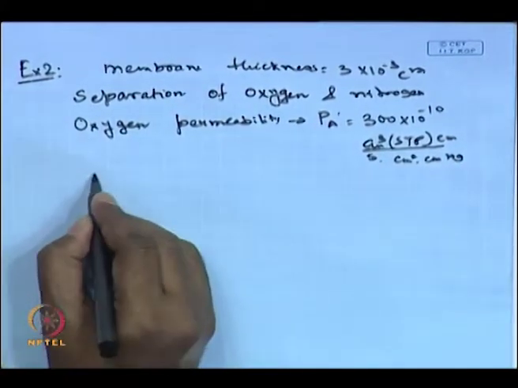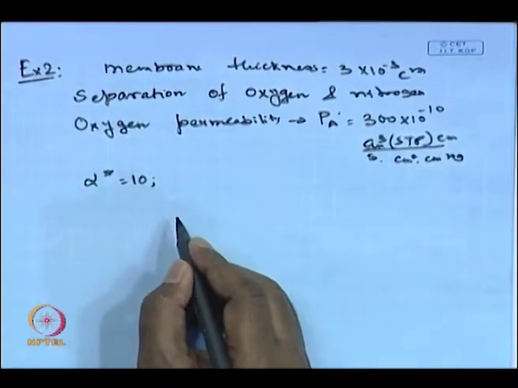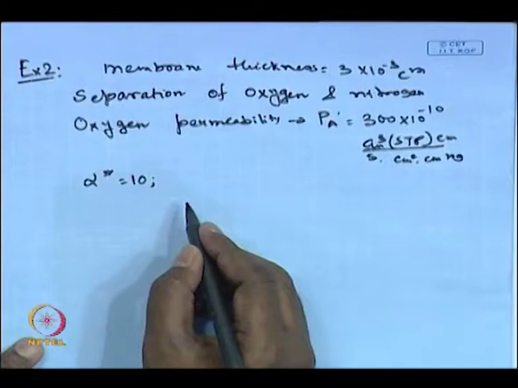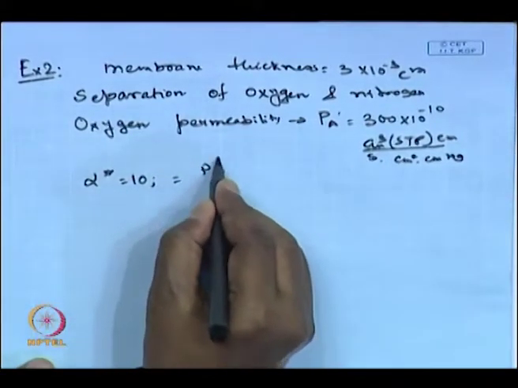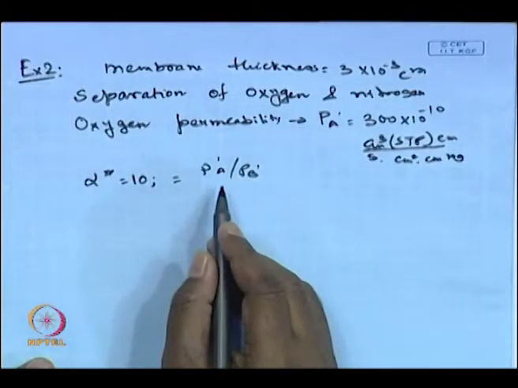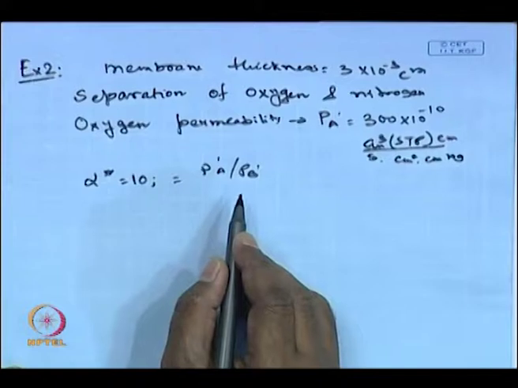And alpha star is given as 10. That means the oxygen permeability will be 10 times higher compared to the nitrogen. Alpha star is basically P A prime by P B prime. So, oxygen permeability is 10 times higher compared to the nitrogen permeability through the membrane.